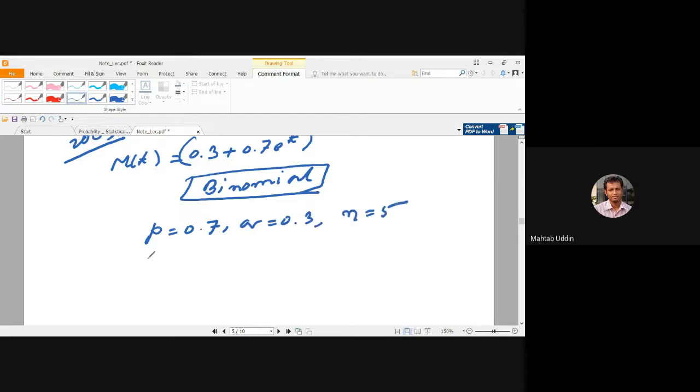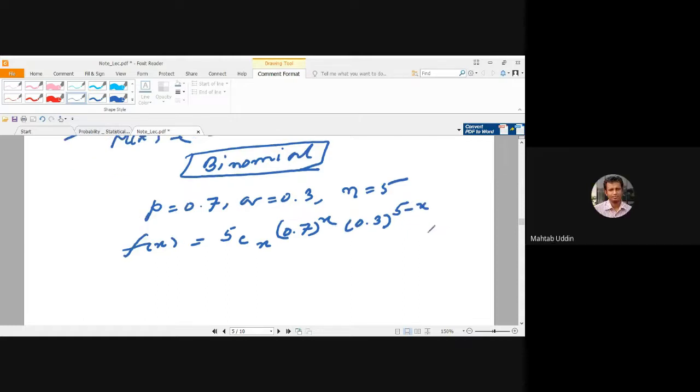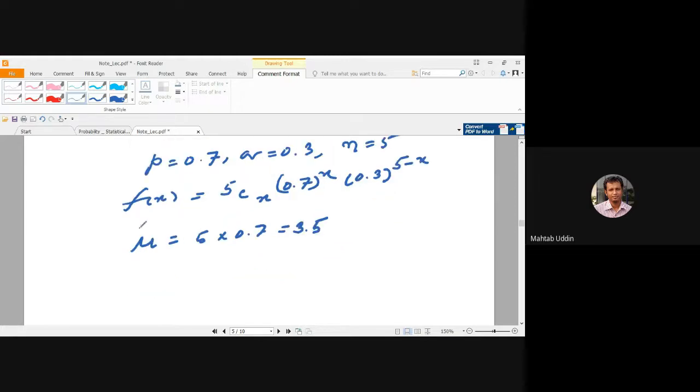So easily you can write f(x) equals 5 C x, 0.7 to the power x, 0.3 to the power 5 minus x. We can write them, and we can find mu equals np. So 5 into 0.7, 3.5. Then sigma square is npq.